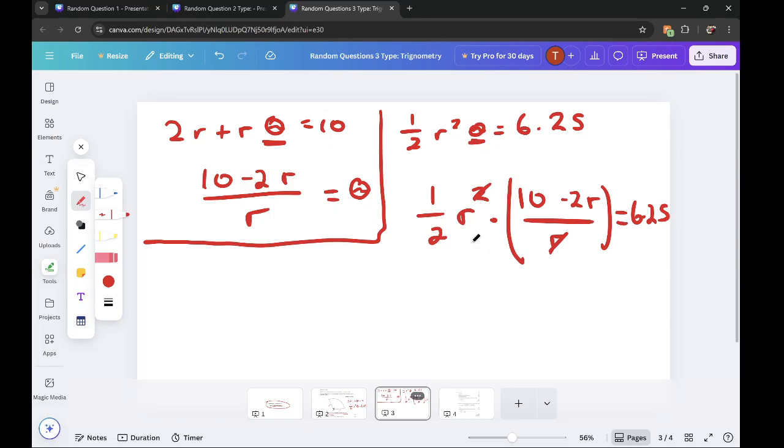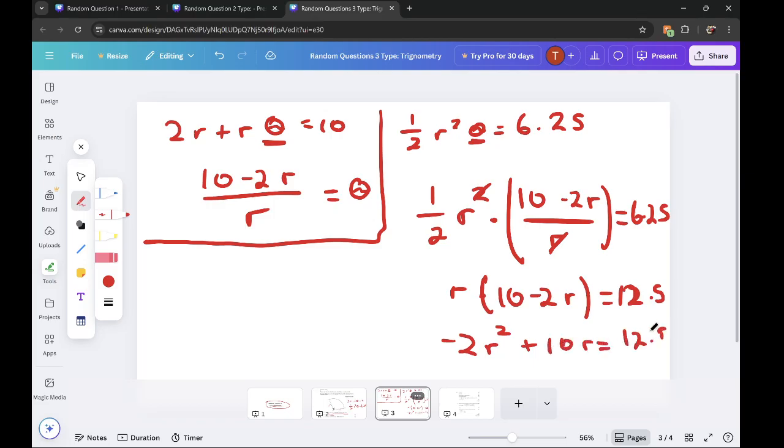That makes stuff a lot simpler. Plus I could bring this 2 over here, which makes this 12.5. So r times (10 minus 2r) is equal to 12.5. Then I expand this, which I should get minus 2r squared plus 10r is equal to 12.5.